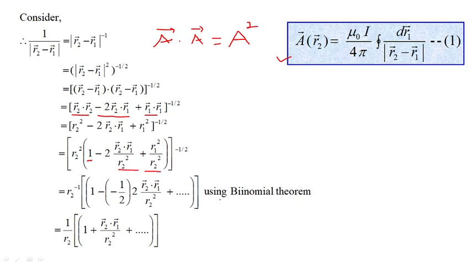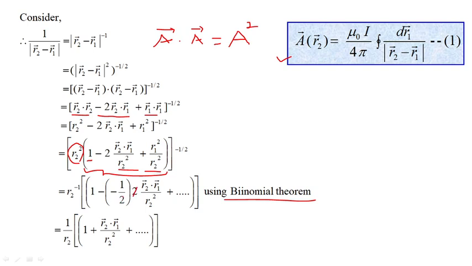Next, we use the binomial theorem. First of all, R2 square raised to minus half is R2 raised to minus 1. Then this quantity raised to minus half is like 1 plus x raised to n, which gives 1 minus nx, the power comes as a multiple, and some higher terms are there, which we neglect later on, so we don't write them.